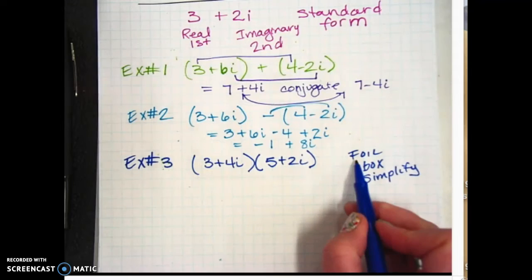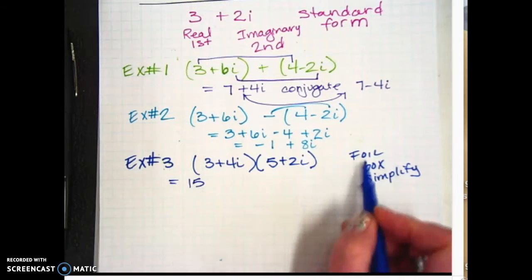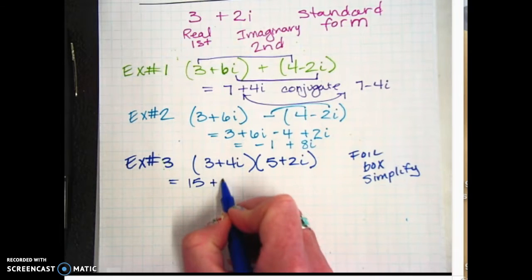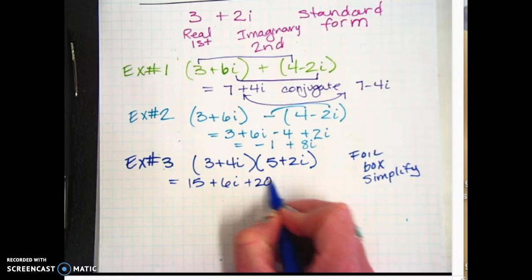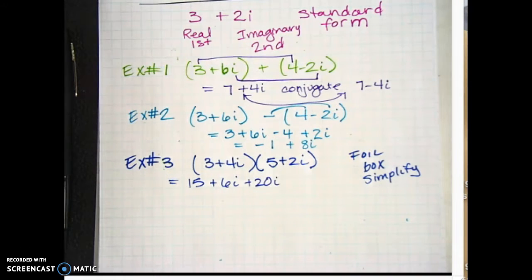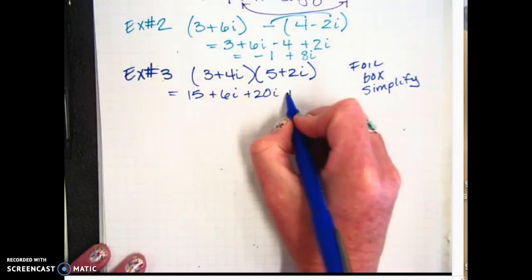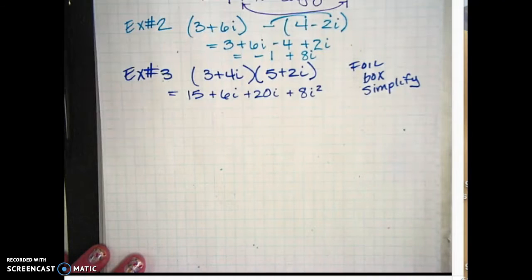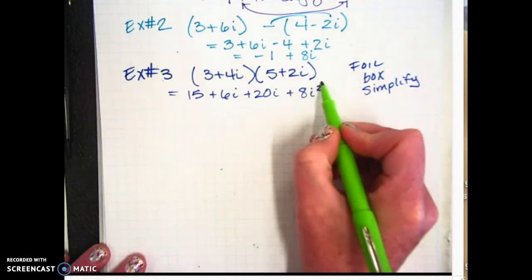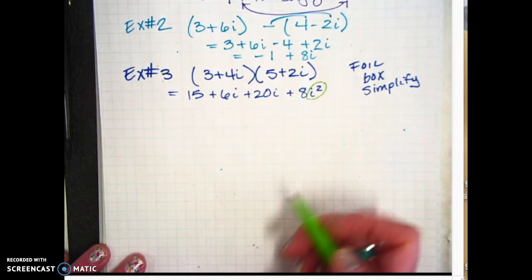Okay, so let's start with our F. So first, 3 times 5 is 15. O is outside, 3 times 2i is 6i. I is inside, 4i times 5 is 20i. L is last, so 4i times 2i is 8i squared. Okay, so that i squared right there is where you need to simplify, right? That i squared is equal to what?